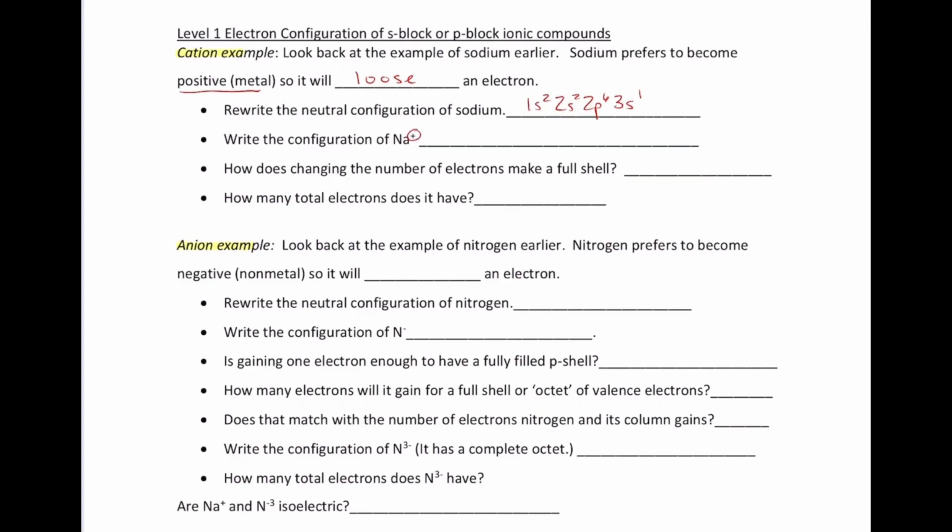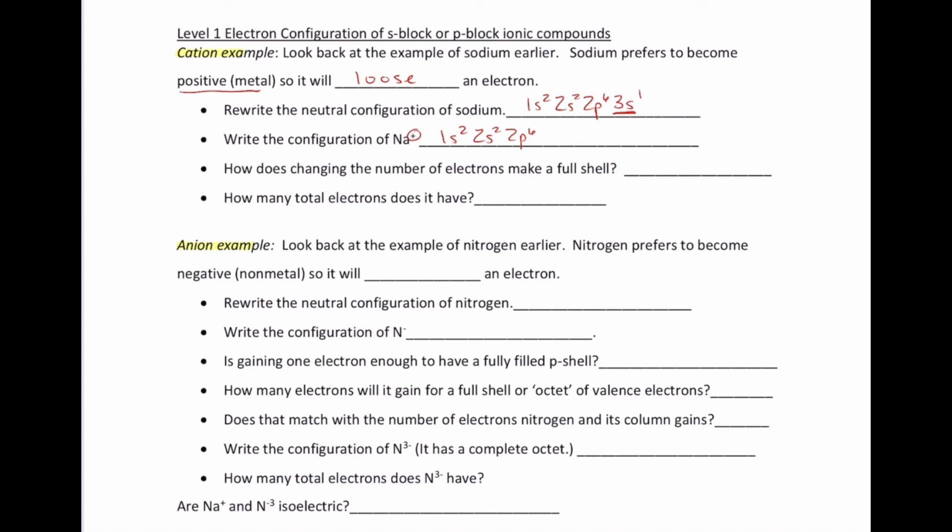To make it positive, it's going to lose an electron from the highest shell, which is the 3s. So it will be 1s2, 2s2, 2p6, and people want to write 3s0, but we just don't put it in at all.